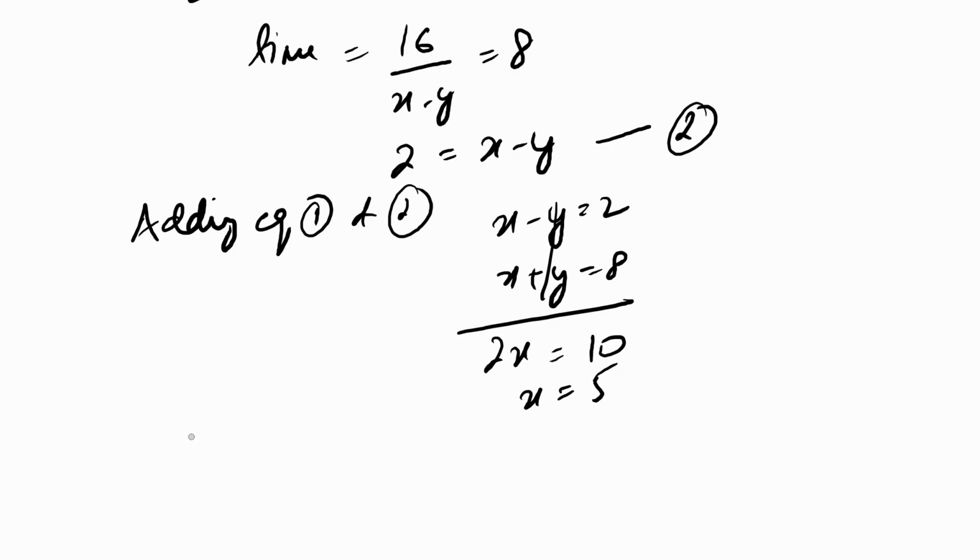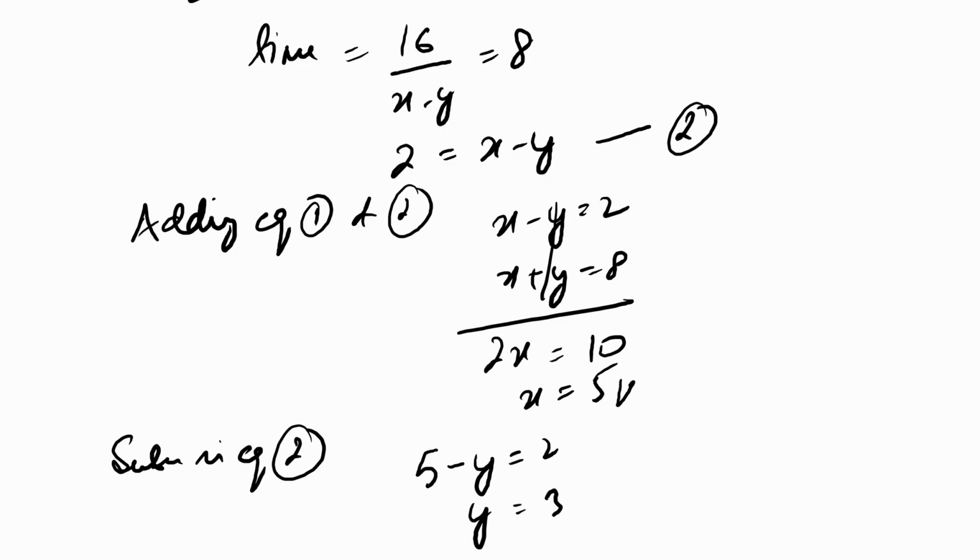And I will substitute this in equation 2. Substituting x in equation 2, this will become 5 minus y is equal to 2. So y is equal to 3 kilometers per hour. So what will I say?